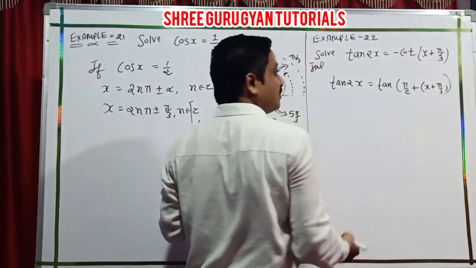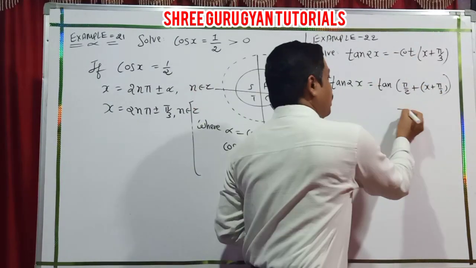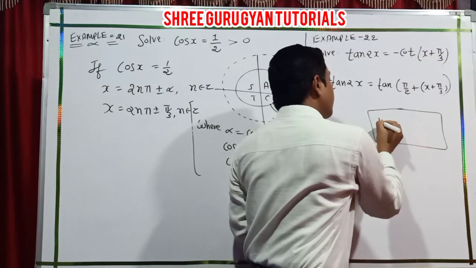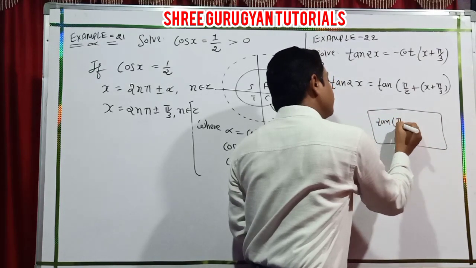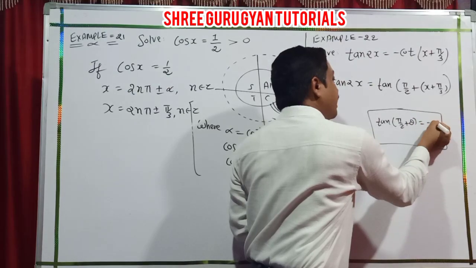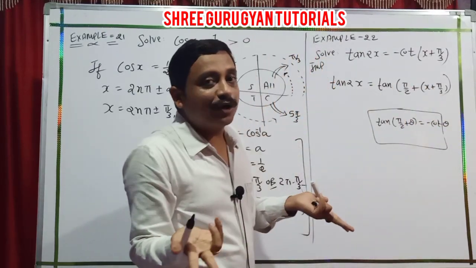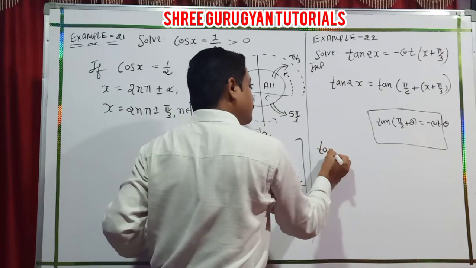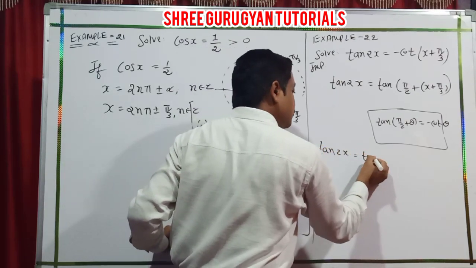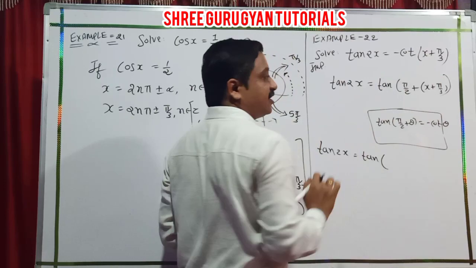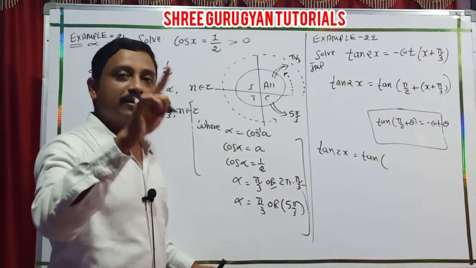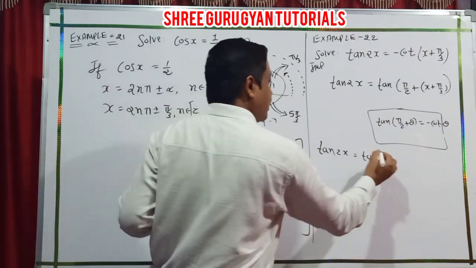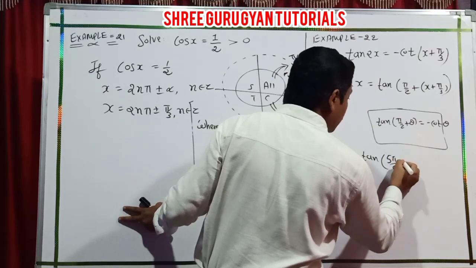Why plus? Because there is already a minus outside. This property you know, students: tan of 90 plus theta is minus cot theta, negative in the second quadrant. That property I utilize here. So tan 2x equals tan of pi by 2 plus pi by 3 plus x.